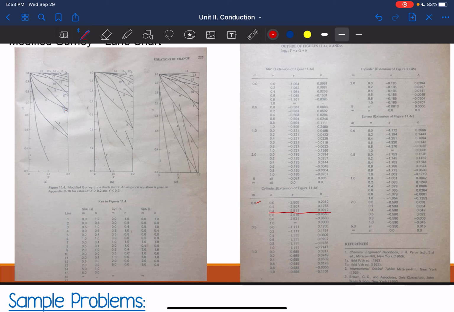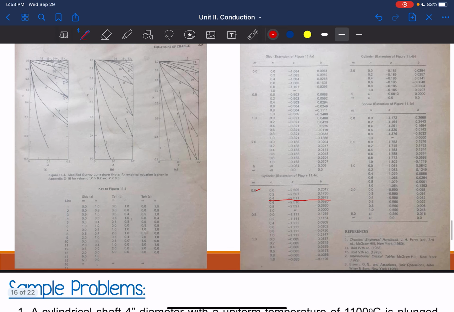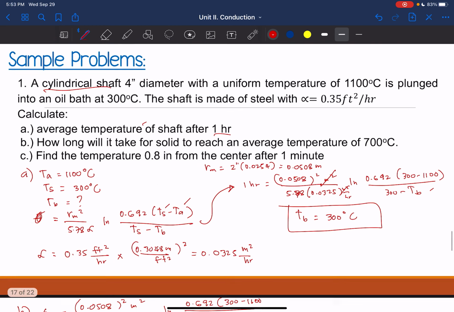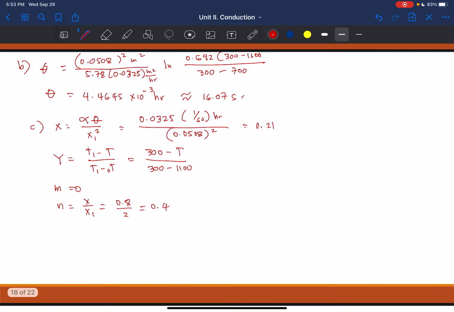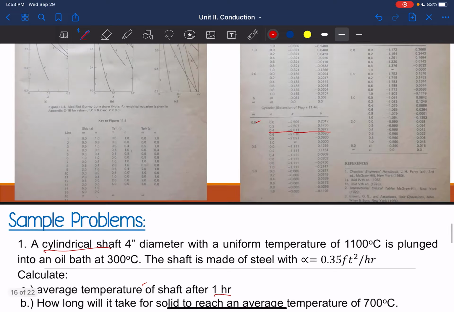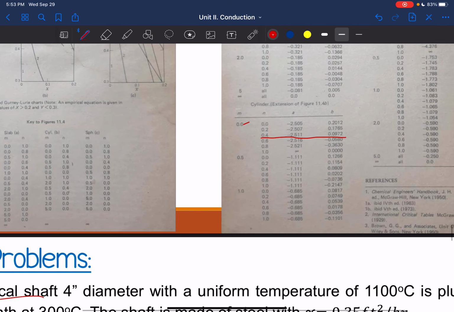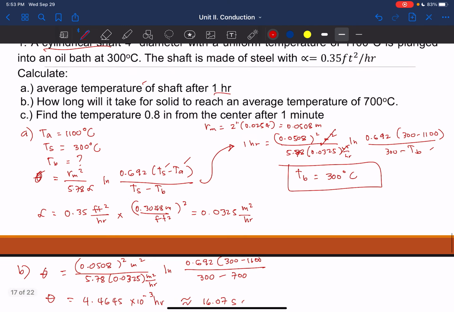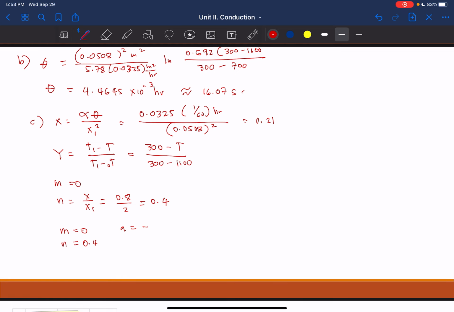You get your A and B to be, A is negative 2.511 and your B is 0.0972. So I know that my m is 0 and n is 0.4. You get a value, A is negative 2.511, and your B is 0.0972.